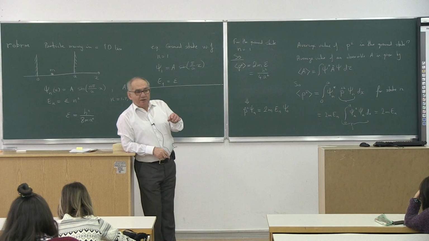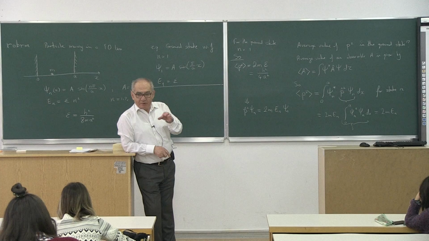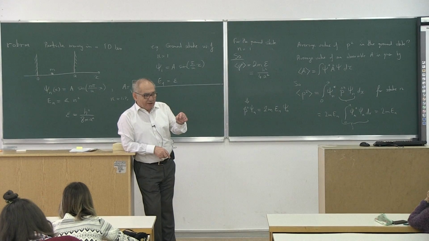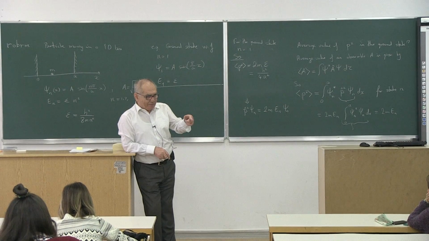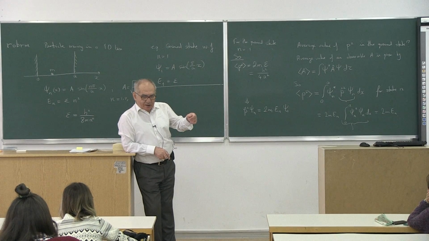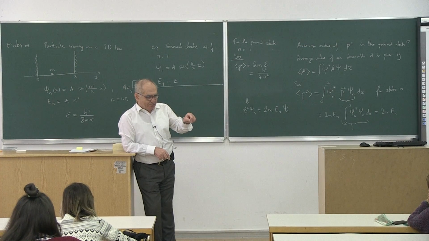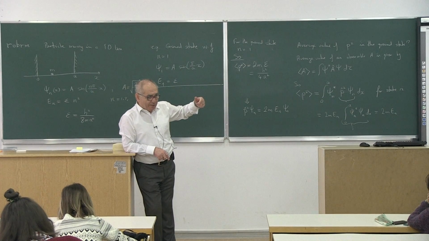Please note that the units are consistent here. What is the unit for linear momentum? You can remember it from the classical expression, mass times speed, kilogram meter per second. This is the square of it.